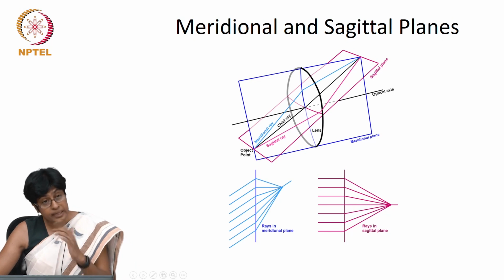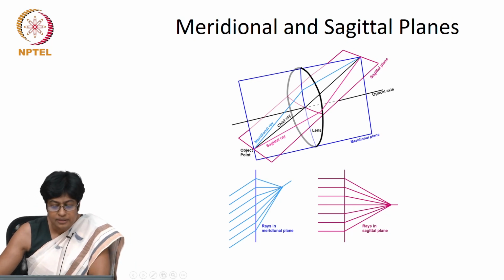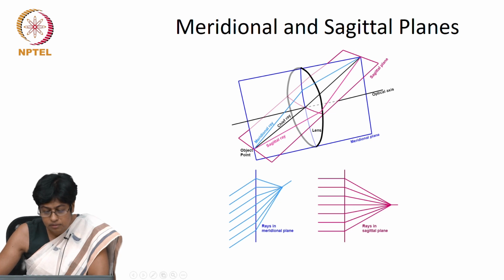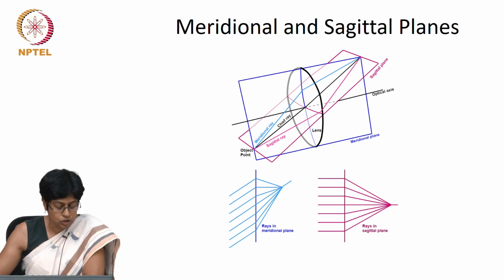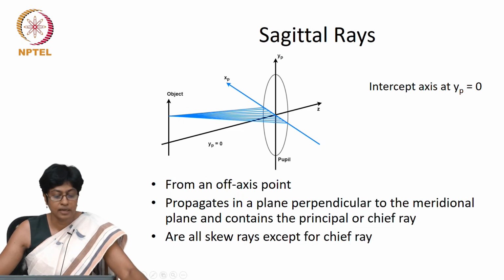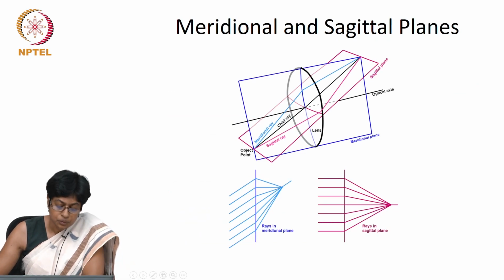And we define a sagittal plane. The sagittal plane is what is in this, I don't know if you call it pink. It's in a plane perpendicular to the meridional plane. So you have the optical axis here, you have the lens, and then you have this sagittal plane perpendicular.